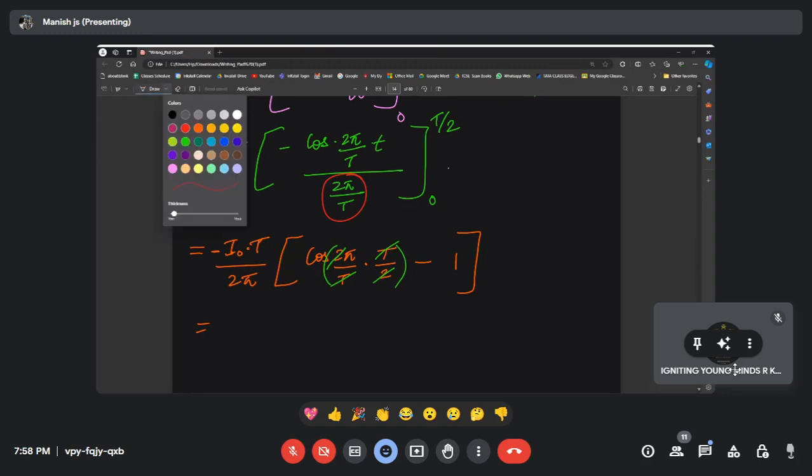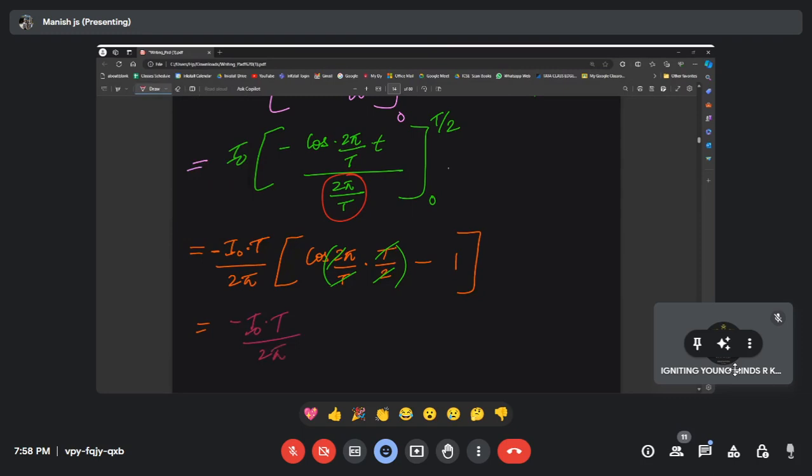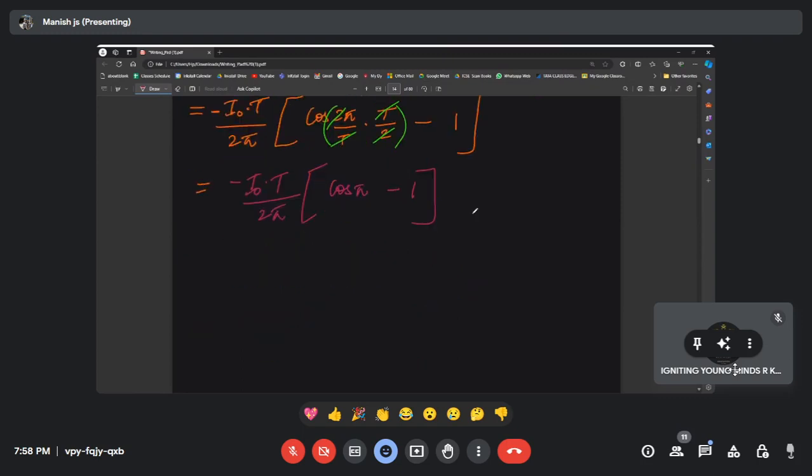Finally, what am I going to get? I will get minus I naught T upon 2 pi, within brackets cos pi minus 1. What is the value of cos pi? Anybody? Is it plus 1 or minus 1? You must know it, it comes in trigonometric functions. Minus 1, sir.